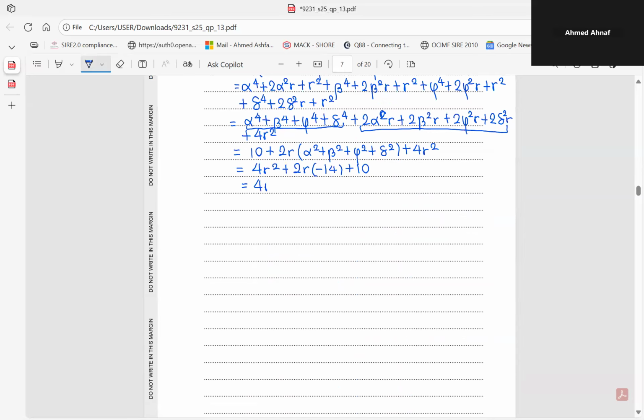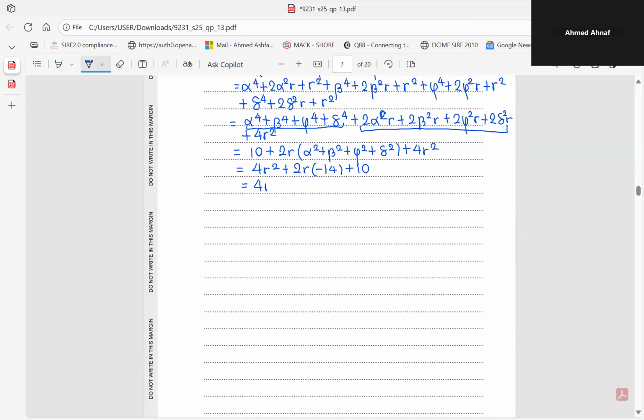And just like when you're integrating or differentiating, you have to take out any constant terms that you have. So we'll take out 4 in here, so 4 times the summation of r squared, minus 28 times the summation of r. And then this one, this is a constant term.